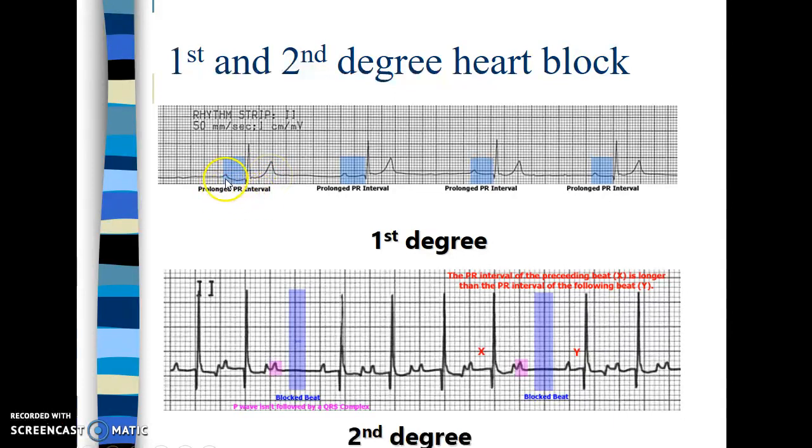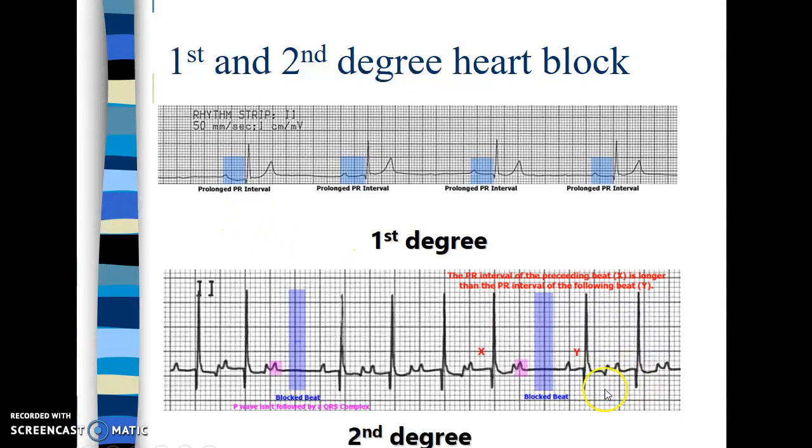So we need to look at this PR interval. It's from the P wave to the R wave, and there should be a normal length of time. There should be a pause, but it shouldn't be too long. First degree is a prolonging of that PR interval.